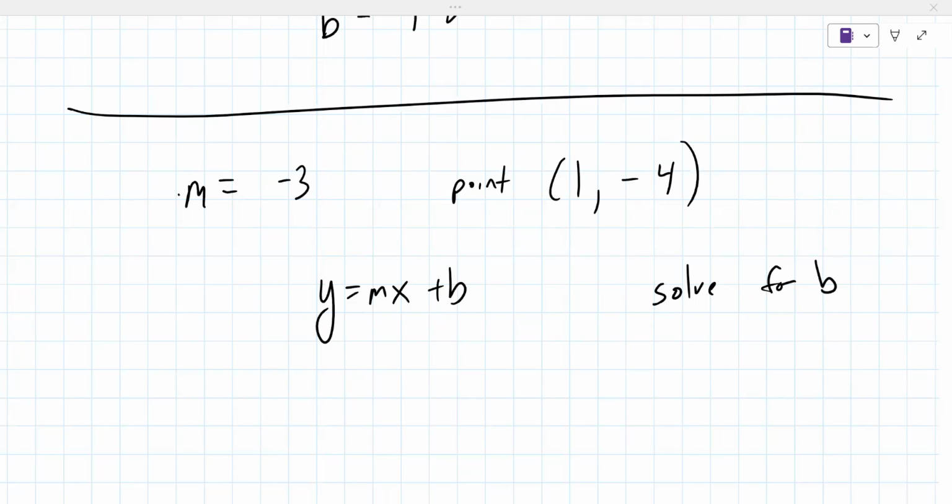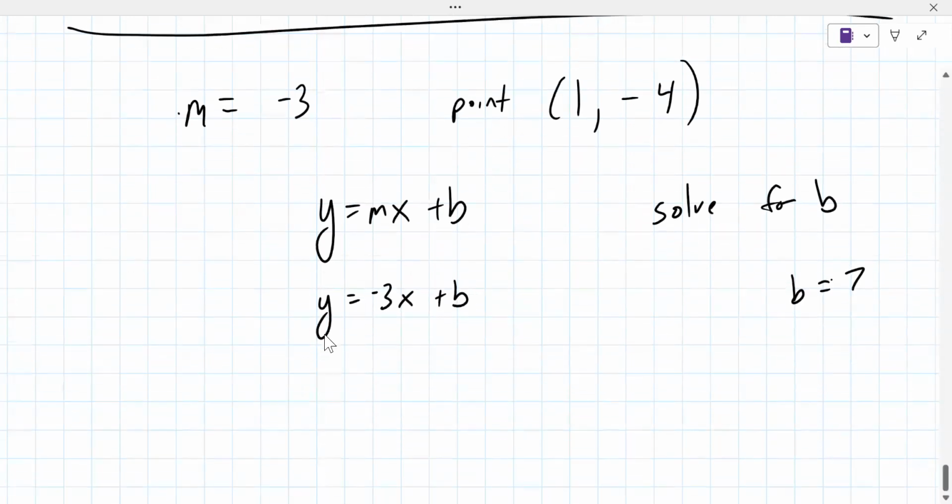B is -7. Take a look here. Y equals -3x plus b. What's the value of y? The value of y is -4. And what's the value of x? The x is 1. Okay, what is -3 times 1? -3 times 1 is -3.